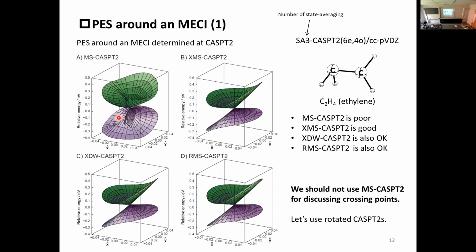As you can see, and as I explained earlier, the potential energy surface of MS-CASPT2 is very distorted. Please don't use this for MECI. But XMS, XDW, and RMS are all good, in my opinion.